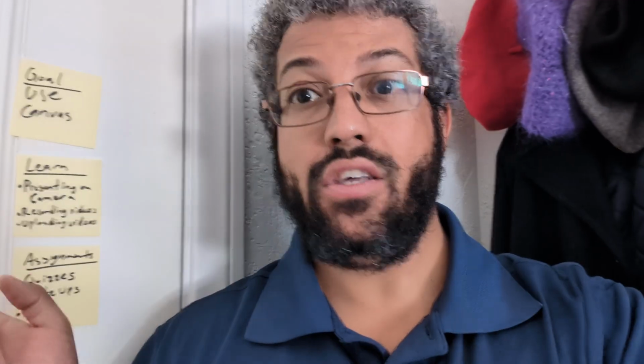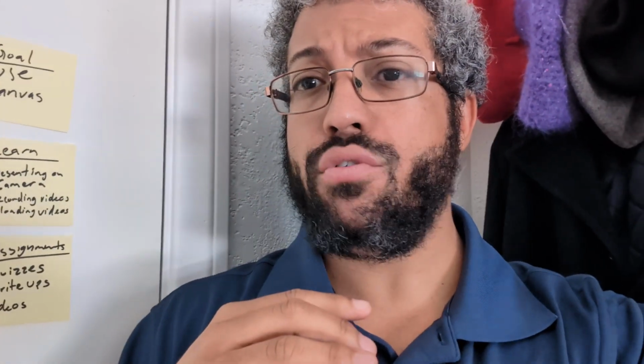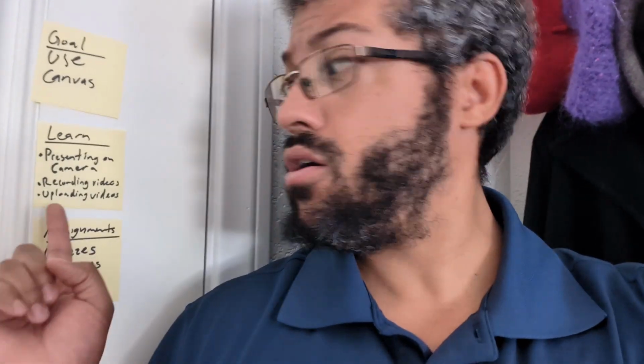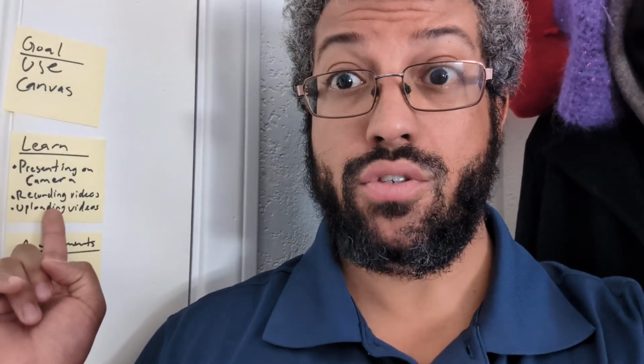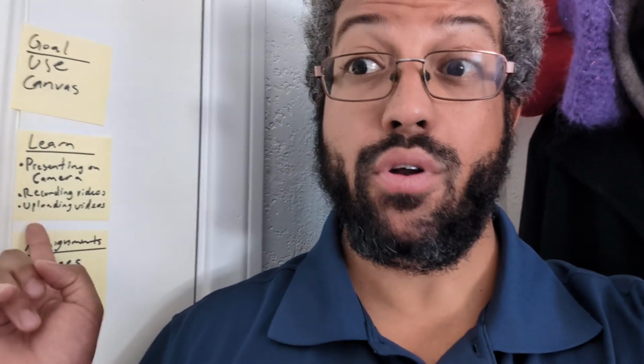Now, in general, in this unit, the three major things that you need to learn are presenting on camera, recording videos, and uploading videos. So when I say presenting on camera, I kind of mean what I'm demonstrating right now. Notice how I'm looking at the lens, or at least I'm focusing my attention on you, the viewers.